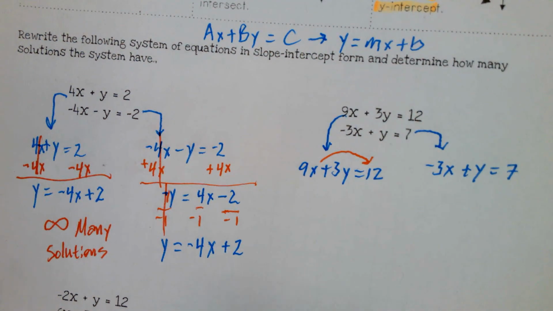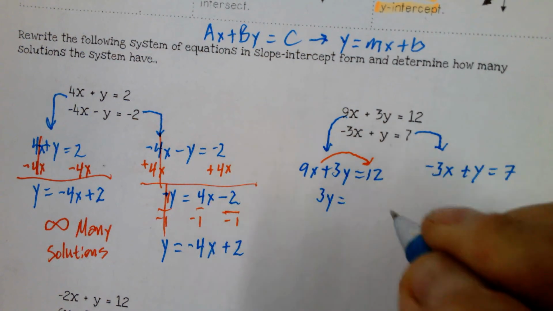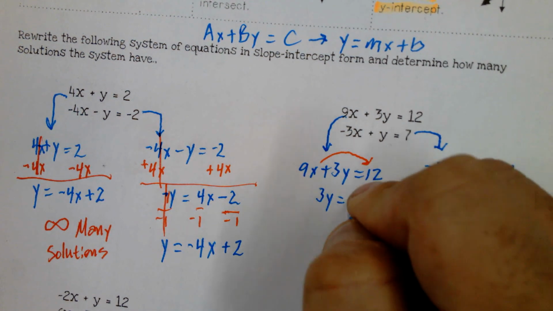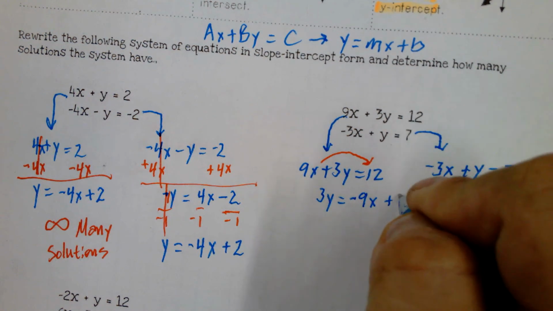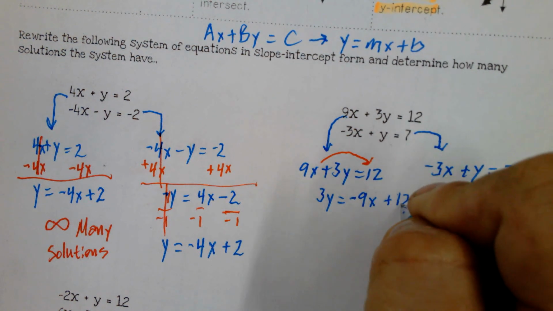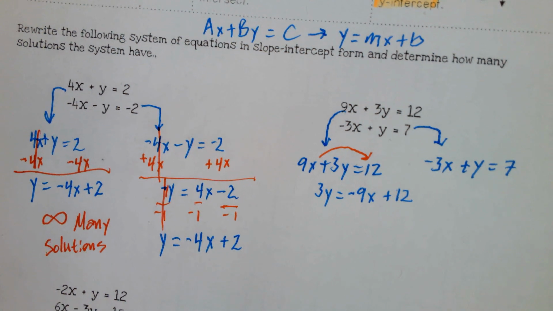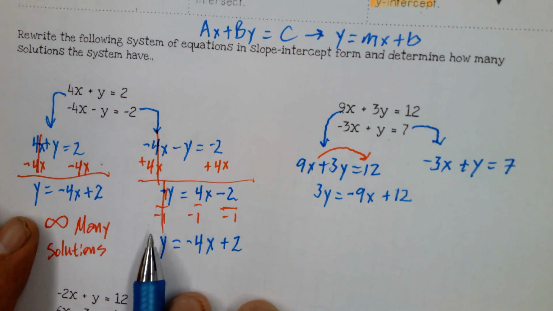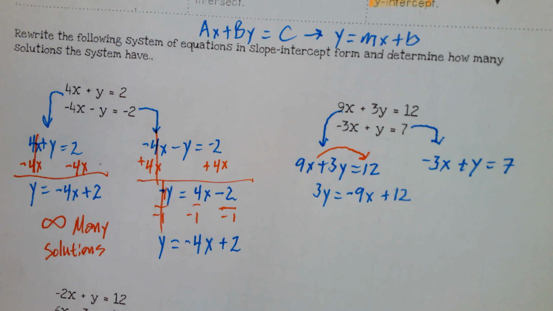And what's going to happen is it's going to move over, but it's no longer positive 9x, it becomes negative 9x. And then the 12. Okay? So we can do that now. If you're comfortable with that move, you don't have to subtract the term on both sides or add the term on both sides.